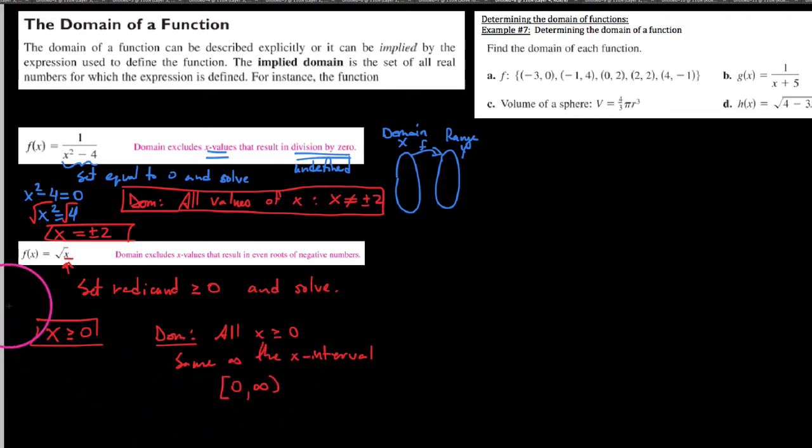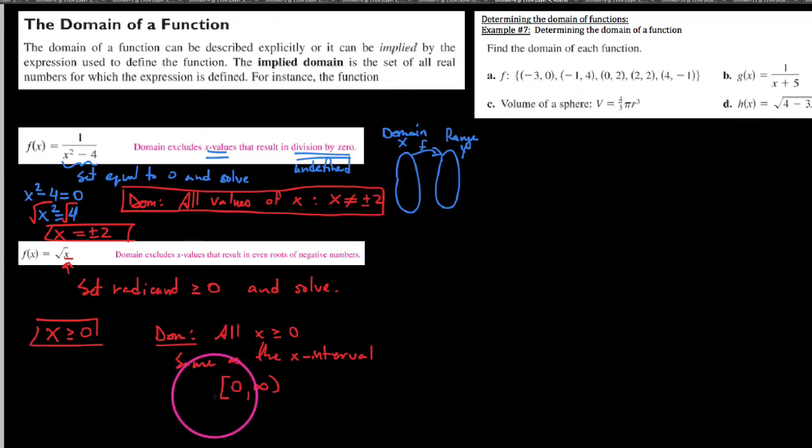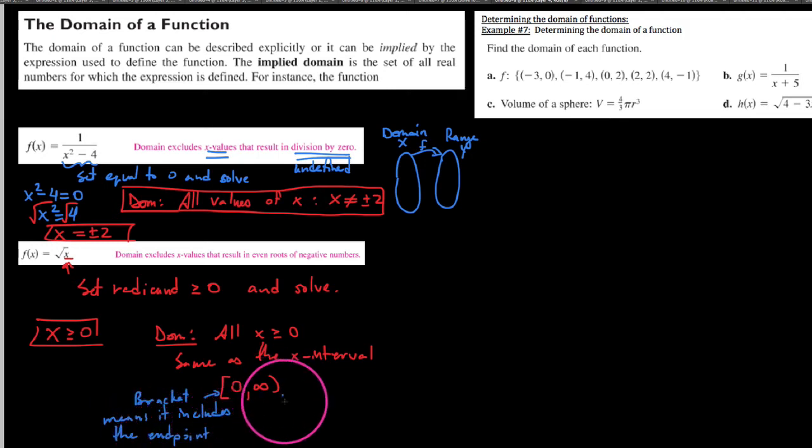You're not going to have to know this instantly after this video, but it's good to know: this is a bracket here, and a bracket means it includes the endpoint of that interval. And the parenthesis means up to but not including, basically.